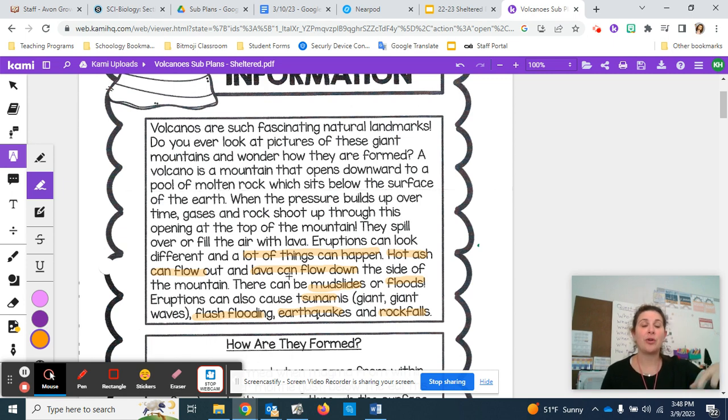So, cuando el volcán se explota, hay muchas cosas que pueden ocurrir that can happen. So, durante la explosión, durante la erupción, hot ash and lava. Otras cosas, mudslides, floods, tsunamis, flash flooding, earthquakes, and rock falls.